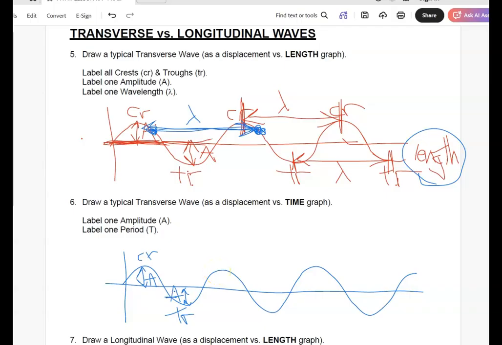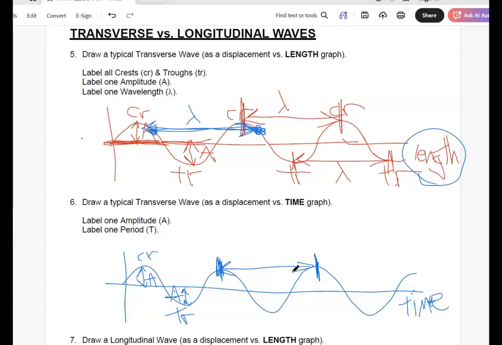The thing that does change, however, is if you were to measure from crest to crest, remember, this is a time graph, so this axis might be in seconds, milliseconds, nanoseconds, femtoseconds, some time unit. Now, any change from one crest to another is not a length anymore. It's a time, and this specific time is the time it takes one cycle of the wave to pass by a given point.